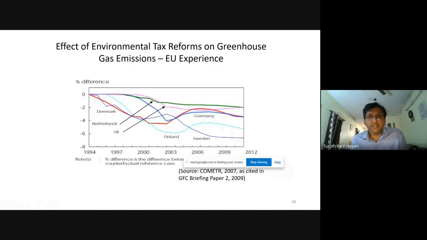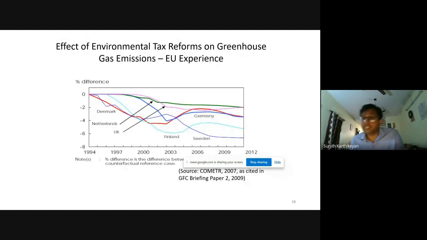See, the effect of environmental tax reforms on greenhouse gas emissions. If you see a few countries, Denmark, Netherlands, UK, Finland, Germany, and Sweden, greenhouse gas emission has got reduced. Generally from 1997, it is decreasing across jurisdictions. In a few countries it slightly increased, maybe due to bringing more components and other sectors into the eco tax front.